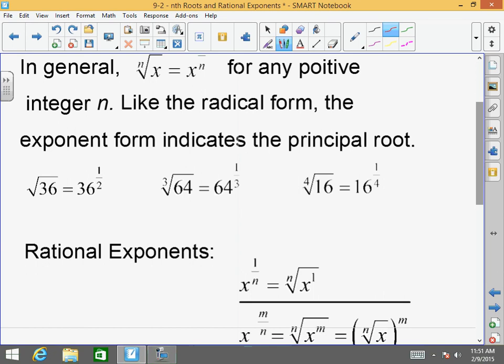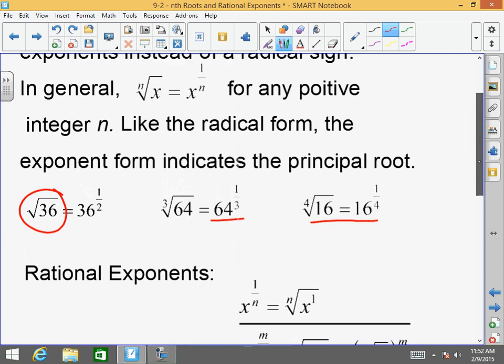So the square root of 36 can be rewritten as 36 to the 1/2. The cube root of 64 can be rewritten as 64 to the 1/3. The fourth root of 16 can be rewritten as 16 to the 1/4. Okay?